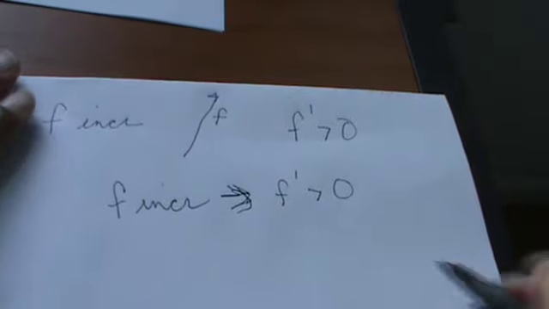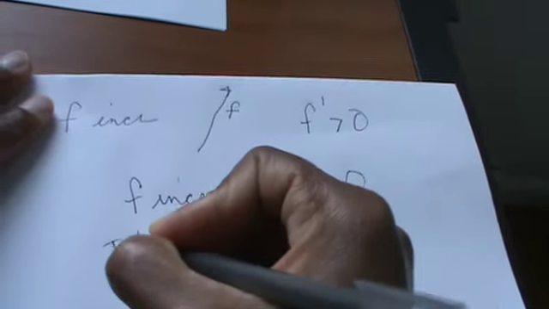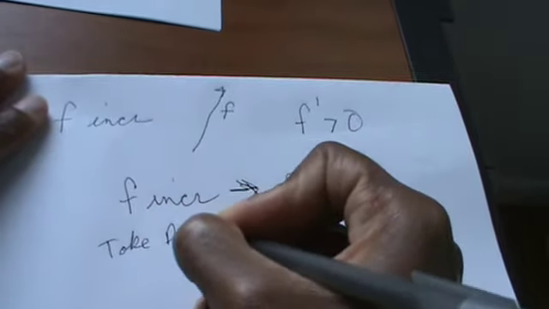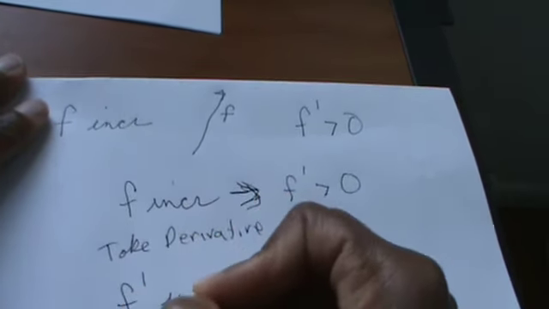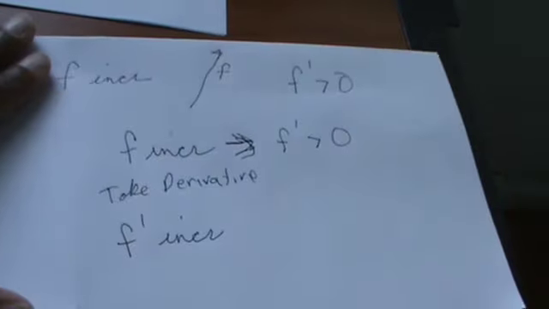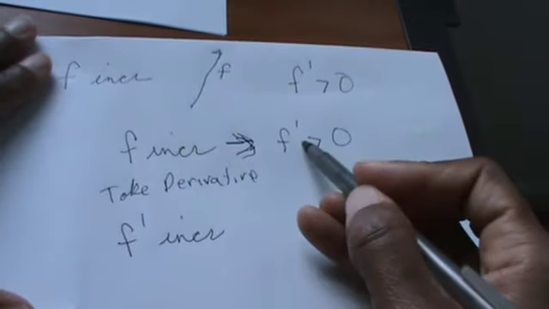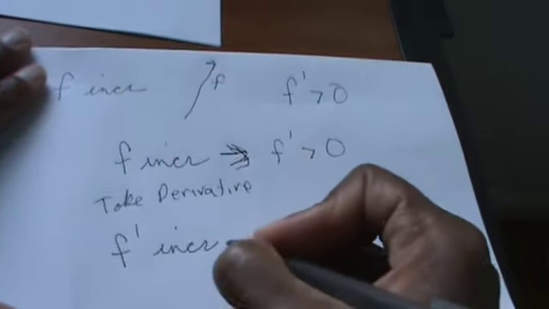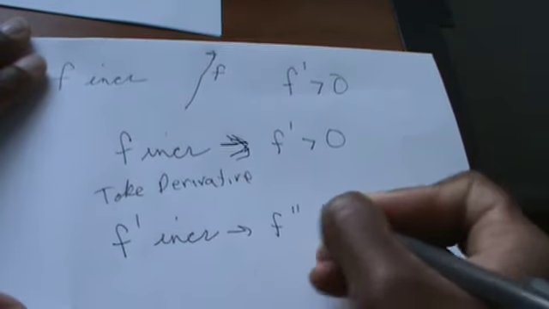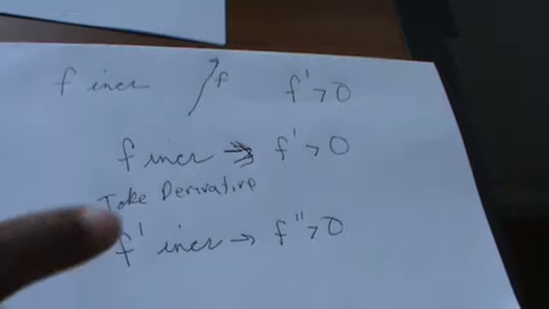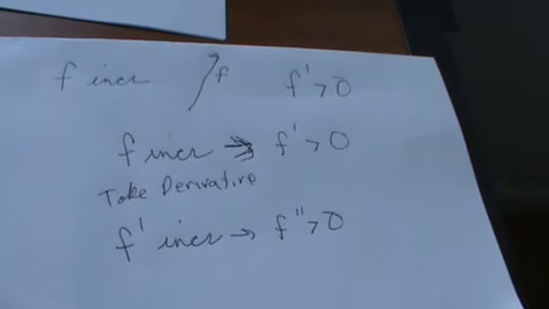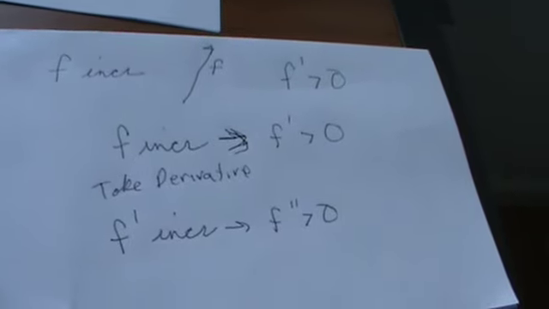And the thing that I'm going to do is I'm going to take the derivative. So this means if f prime is increasing, there's the derivative of that one. And then it says take a derivative of this one. Then f double prime is positive. Right? And oddly enough, this exact same statement is right on your table. Let me show you where it is.